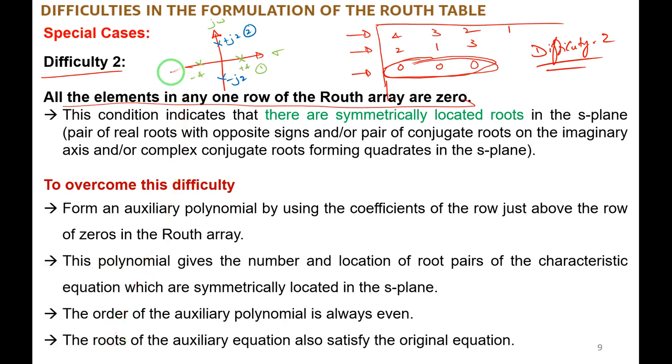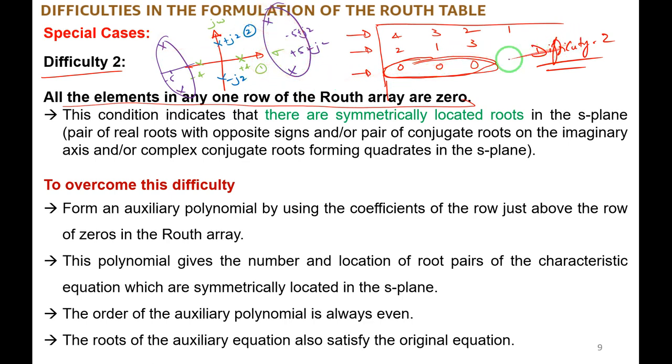For example, the roots are like this: minus 5 plus j2 and plus 5 plus j2. So these are symmetrically located roots.